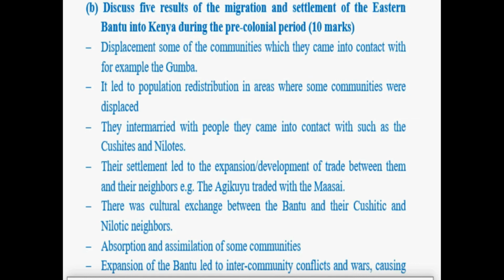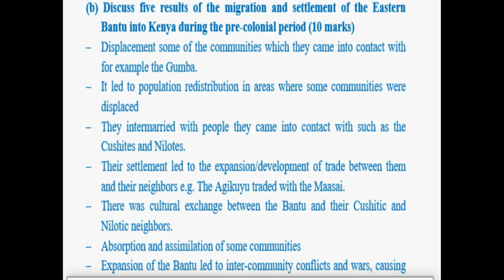Next, there was cultural exchange between the Bantu and the Cushitic and the Nilote neighbors. They interchanged their culture. Then we have absorption and assimilation of some communities.